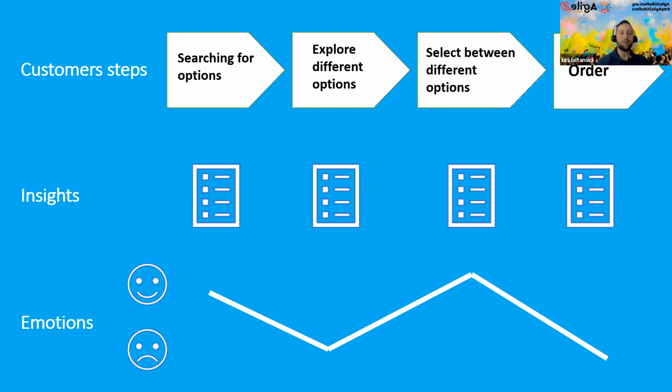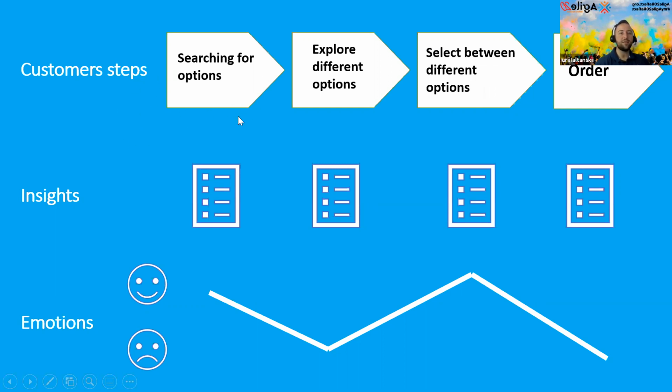So here we have a simple example of a customer journey map, and it's about maybe a website where a customer could choose from different product options, and after that place an order. Right. So here we've got customer steps, right?